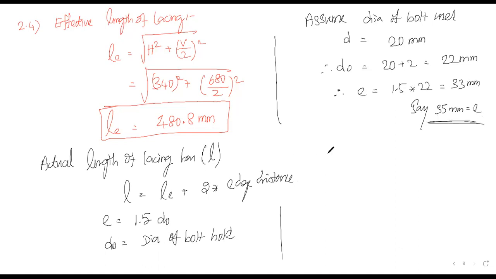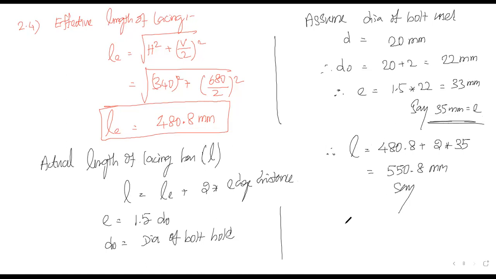Now substitute this value into L to calculate the actual length. So LE is 480.8 plus 2 into 35. So the answer is 550.8 mm.